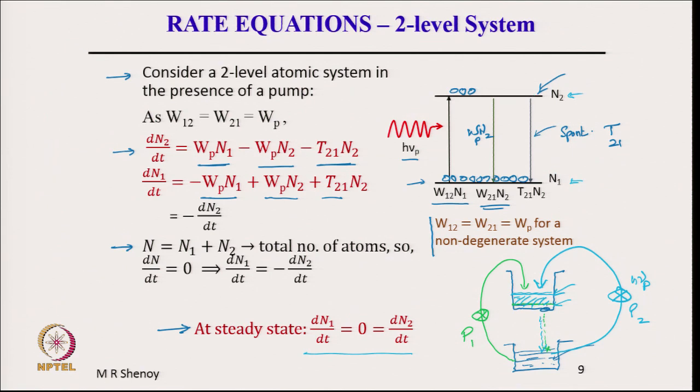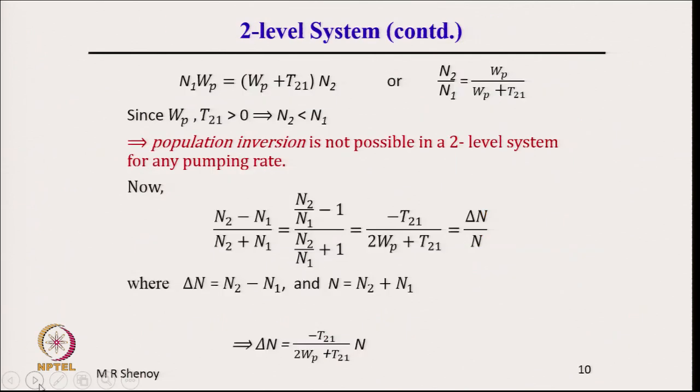If we put dn2/dt equal to 0, then we have N1 Wp equal to this, or N1 by N2 is equal to Wp divided by Wp plus T21. Note that Wp is a pumping rate and T21 is a transition rate.